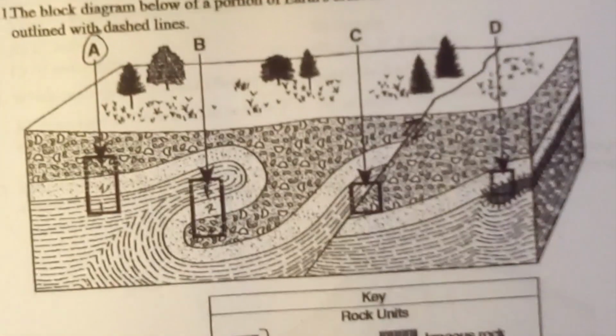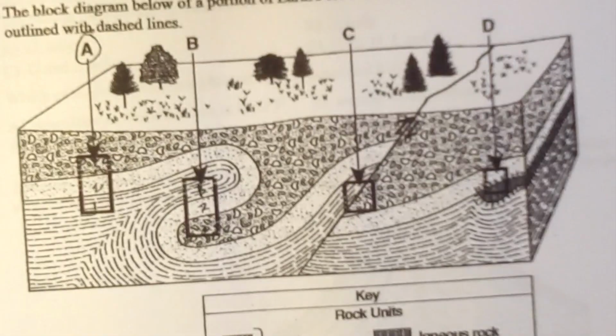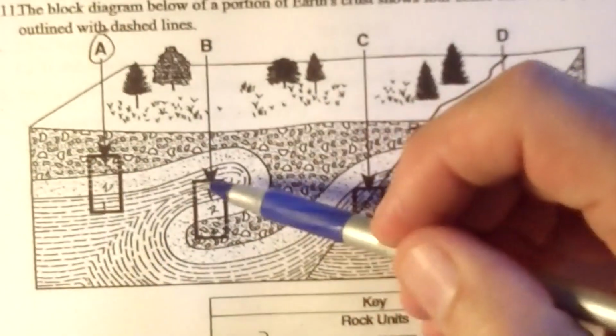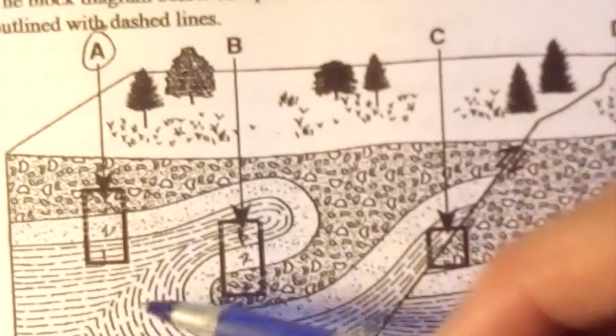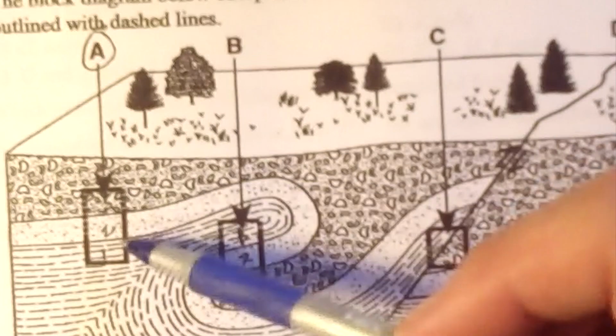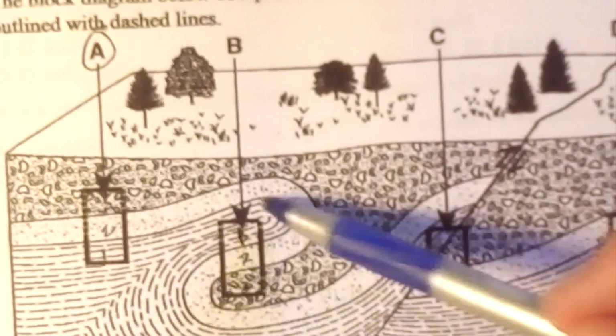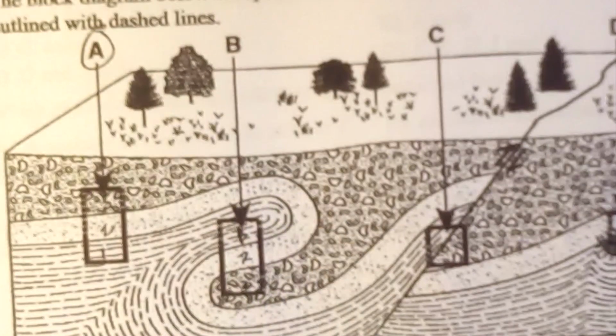But here's a couple ways that this rule of superposition can be broken. If you take a look at letter B right here in this diagram, we have what's called an overthrust fold. So this fold has just been really overdone here, and what's happened is the fold itself has moved off to the side.